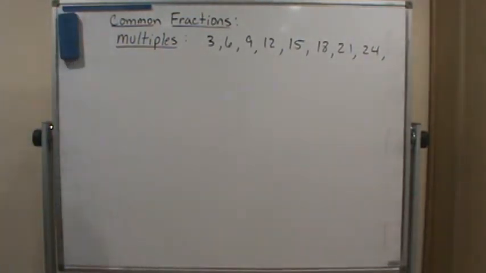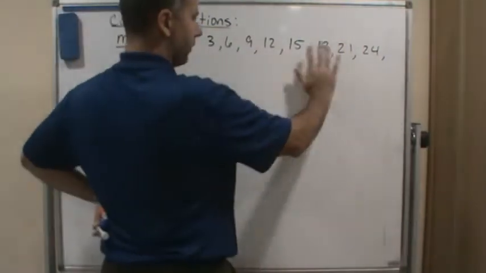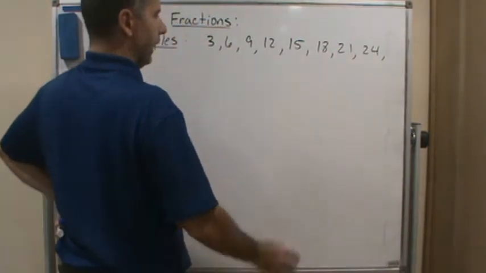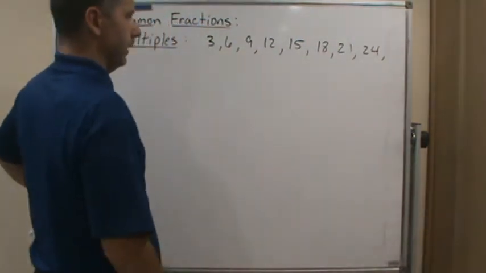So why are these multiples of 3? Because you can rewrite each one of these with two factors. Do you see that? So a couple of things. All of these are natural numbers, and they're all multiples of 3.